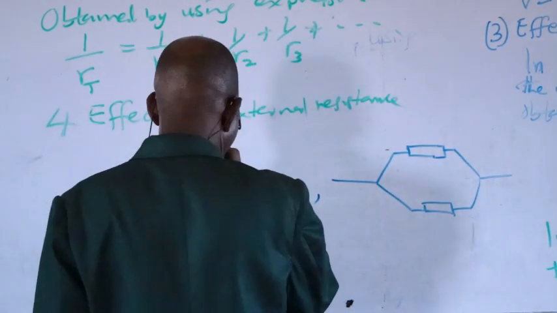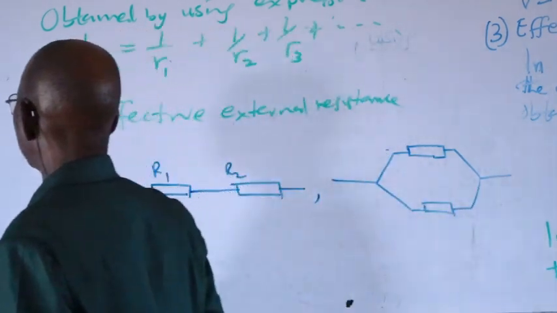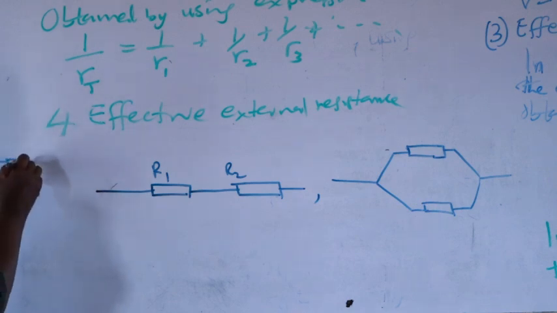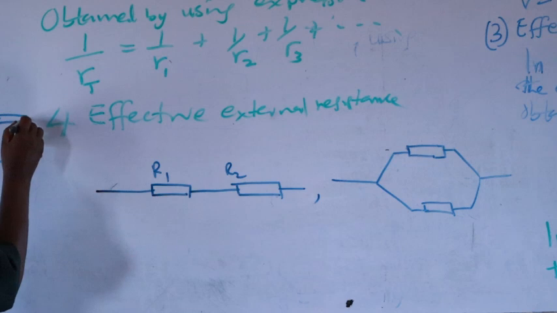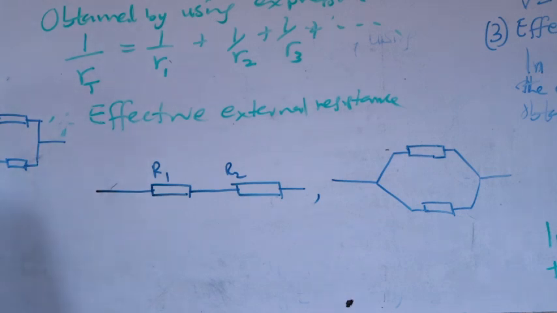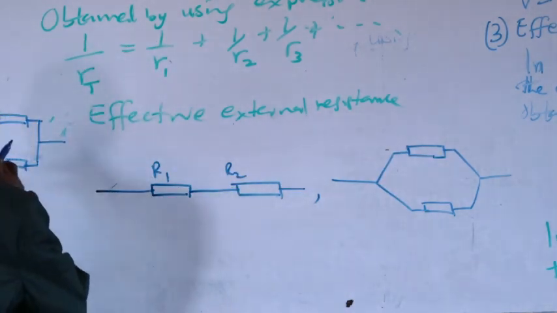And it may be a combination. You may have 3 of them connected to the circuit. These are possible arrangements you can have in a circuit, maybe joined to other components. So you need to combine the resistance here, and here.